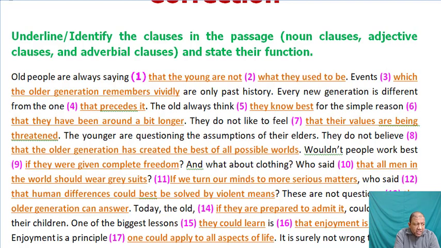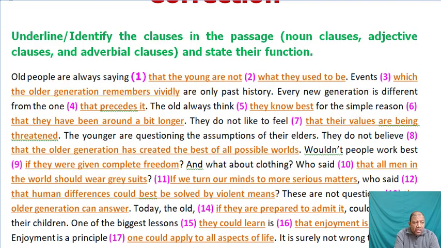We move to number 4 that precedes it. So here it's a restrictive adjective clause. The antecedent is the one, and that refers to the one.